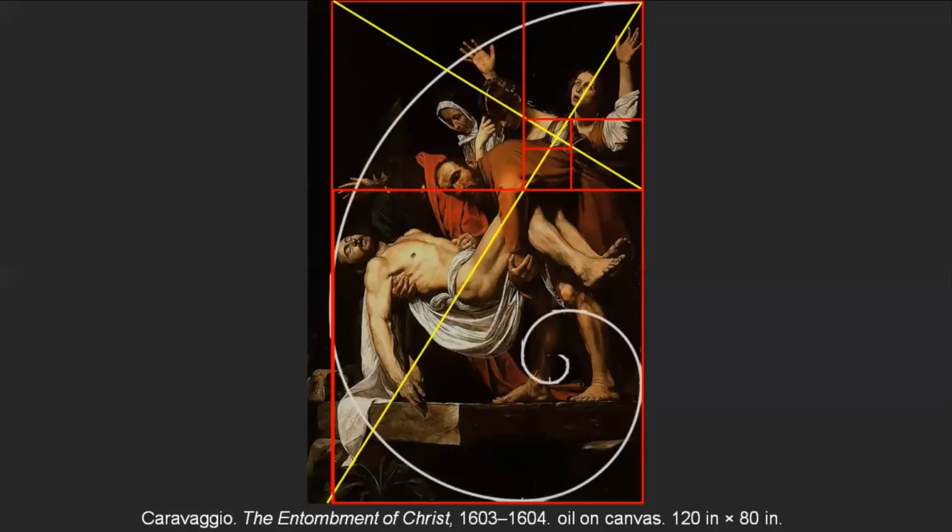I'm going to overlay this spiral, the spiral of the golden mean here. And we can see that this spiral captures the downward movement of the hands of the mourner on the back to the hand that rests along the first proportional break to the brow of Christ and down.